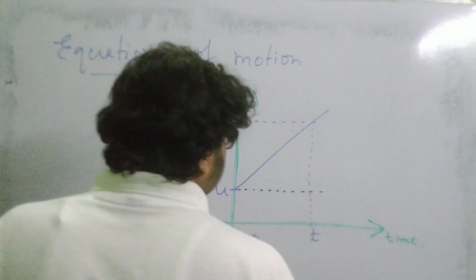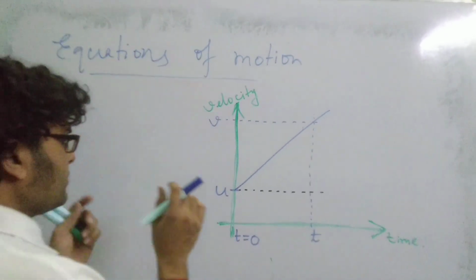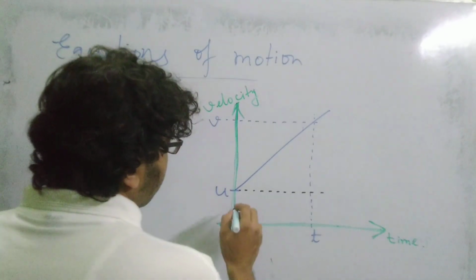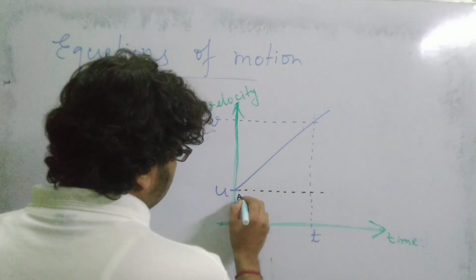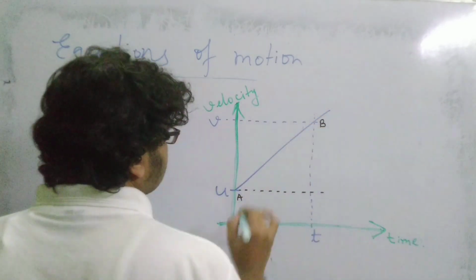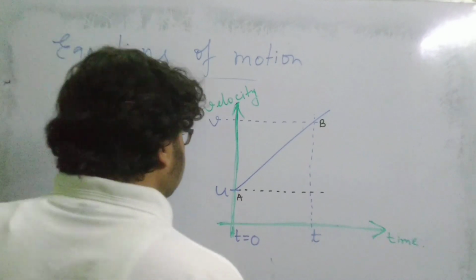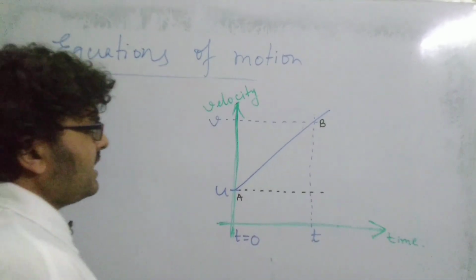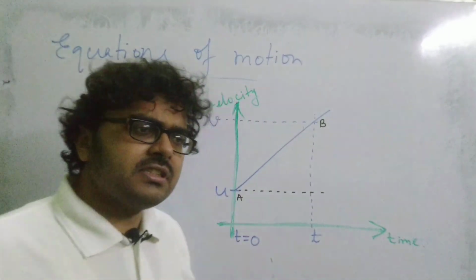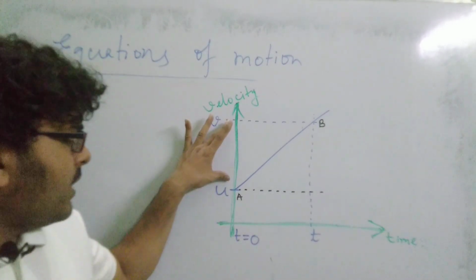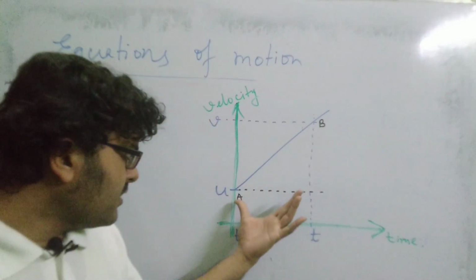Now if I consider the slope of this portion, say we are considering two points, this is point A and this is point B. I think it is visible in the video. Now how can I determine the slope of this line AB? We know that slope is determined by the change in the y coordinates by the change in the x coordinates.